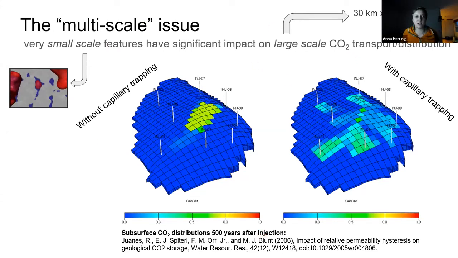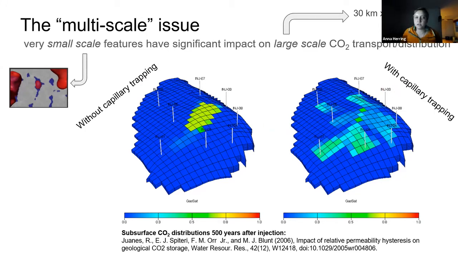So I'm showing here results of some modeling studies. They did these large scale models looking at how CO2 moves 500 years after injection has stopped. And if you don't include this capillary trapping process, then basically the CO2 is injected at all these different wells, and it all just migrates to the top of the reservoir and pools up there.